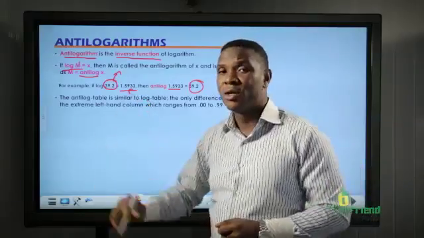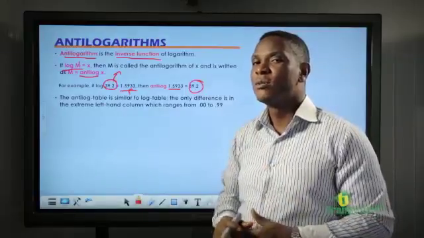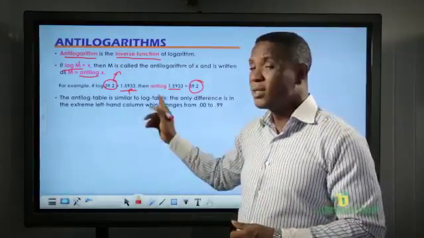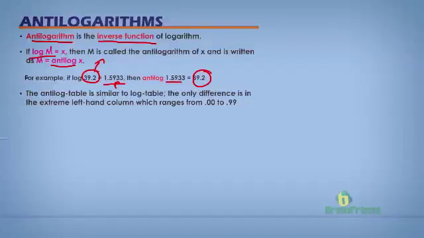The antilogarithm also comes in a table that is very similar to the logarithm table that we have. But the difference that we will take note of as we go into our class is that while the range of logarithms goes from 10 to 99, the antilogarithm table has a range of 0.00 to 0.99.